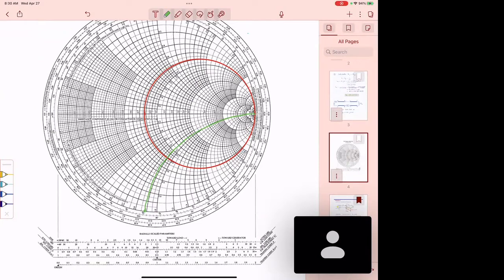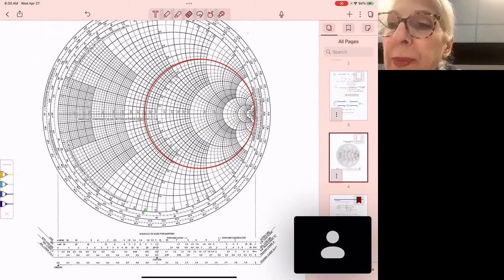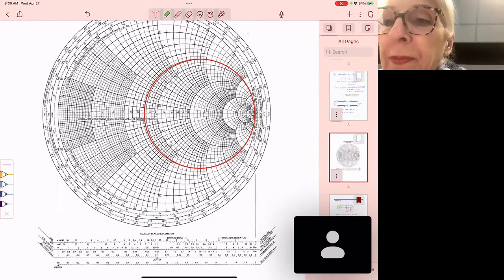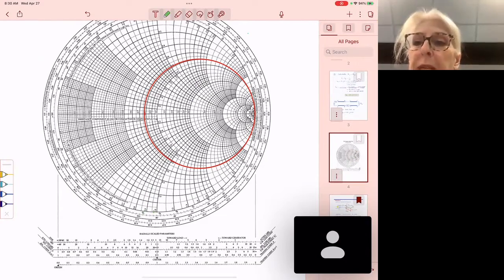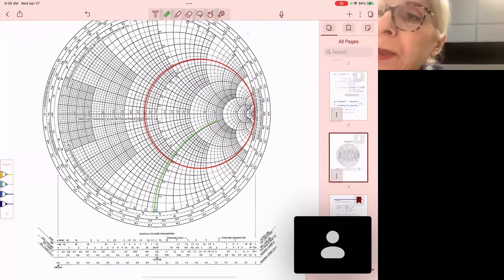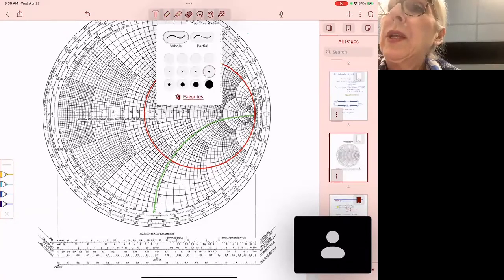No, I mean where you put it on this chart. Yes, you're right. So wait a second, I put it at 0.7, not 0.9. All right, thank you. So it's here. Is that what you meant? Yes. Thank you very much.